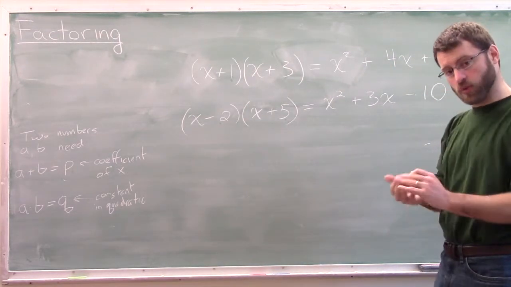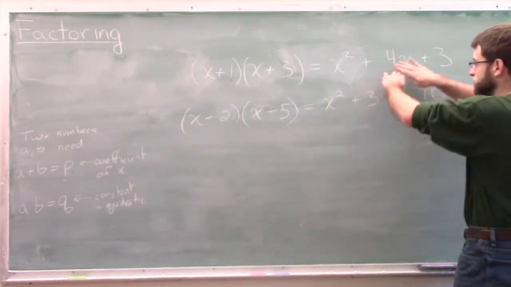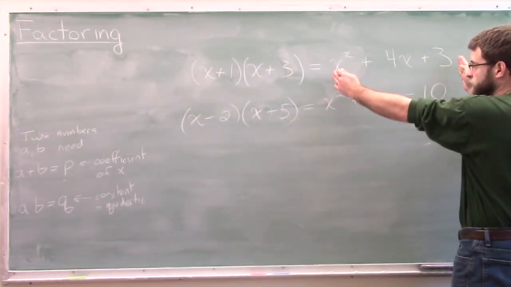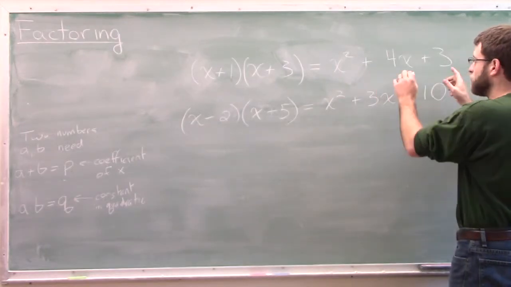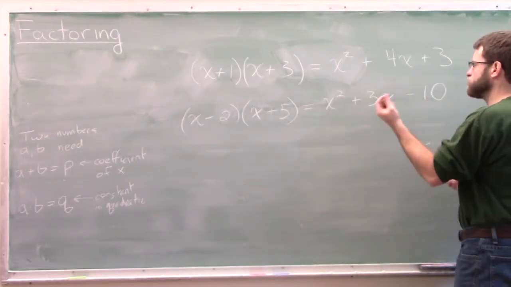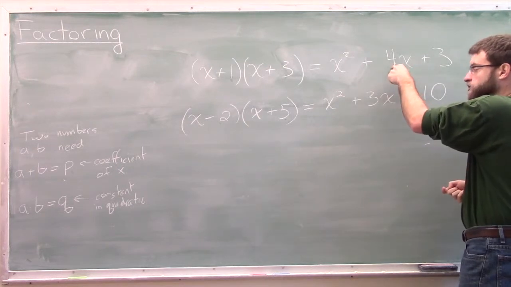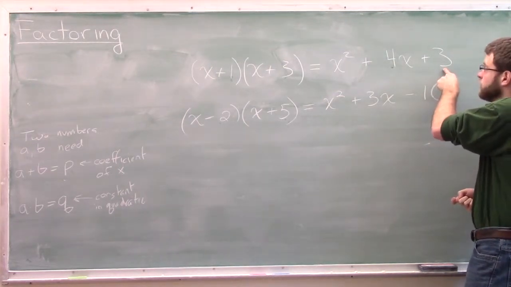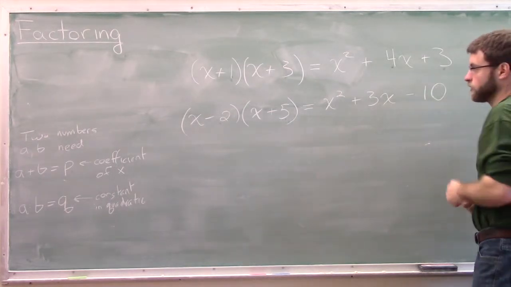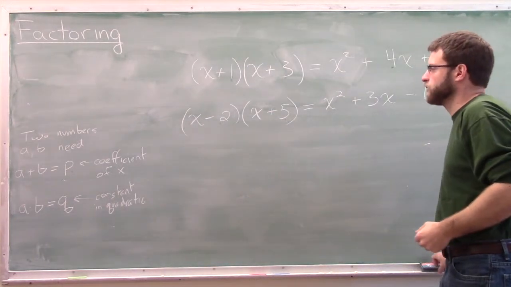When we factor, we reverse this process. So we start from a polynomial that's multiplied out in standard form. We usually use quadratics. And then we'll try and choose an a and a b so that their sum is equal to the coefficient of x and their product is equal to the constant term. Okay? So that's the basic idea.